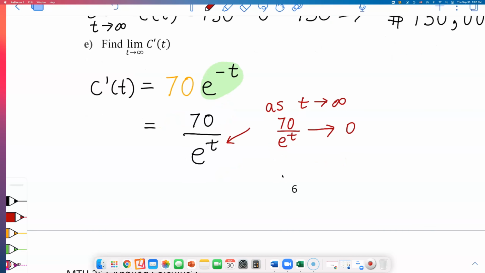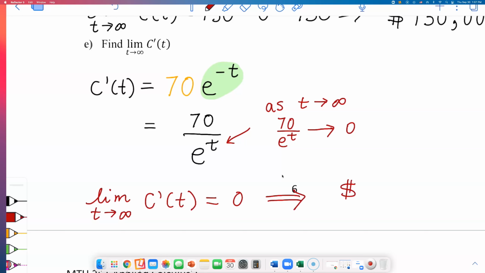So the limit as t approaches infinity of that marginal cost function is simply 0. And if I were to put a unit here, I can say that's $0 million per year.